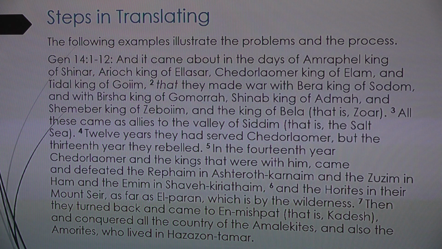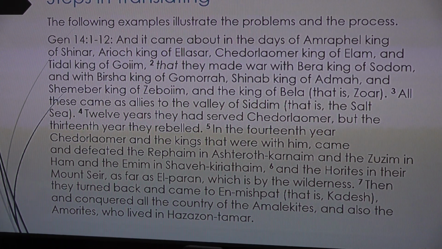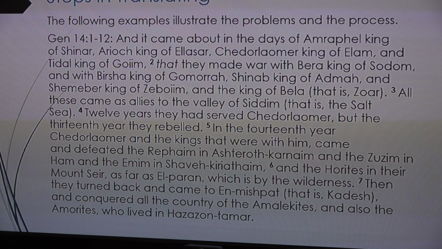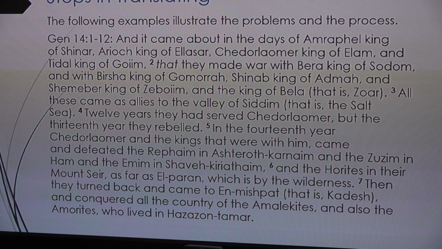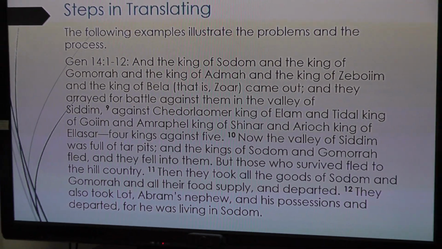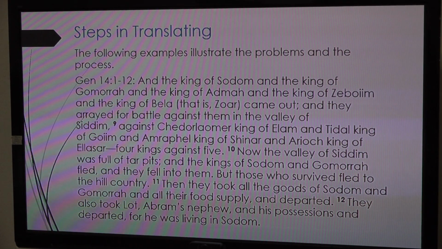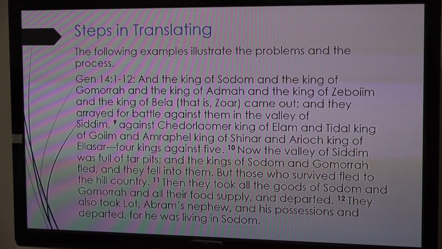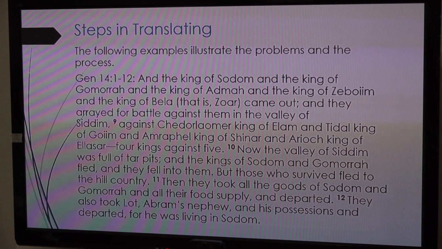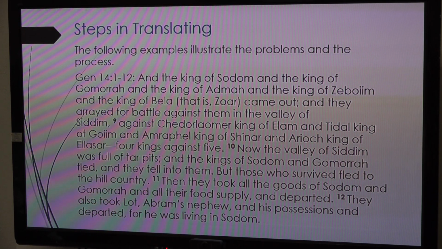Then they turned back and came to En Mishpat, that is Kadesh. They conquered all the country of the Amalekites and also the Amorites who lived in Hazazon Tamar. And the king of Sodom, the king of Gomorrah, the king of Admah, the king of Zeboiim, and the king of Bela, that is Zoar, came out.